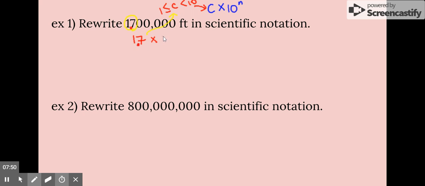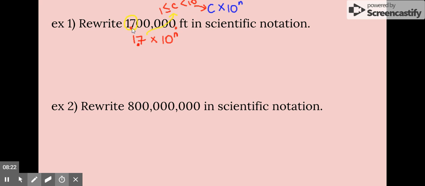Okay. Now, how many zeros do you need to multiply? What number do you need to multiply to get this number? This is like 1,700,000. So you need to think about n. You need to find n by counting the number of times that you move the decimal to get to this part.